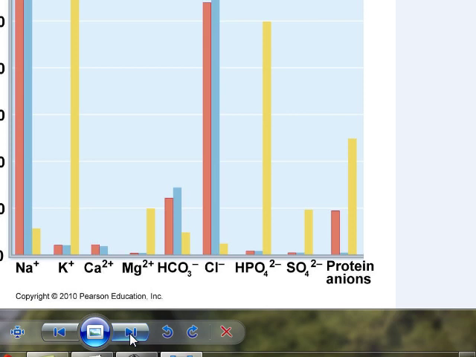And then protein anions. What's an anion? This is going way back to the chapter when we studied chemistry. Think charge. It's a negatively charged ion.